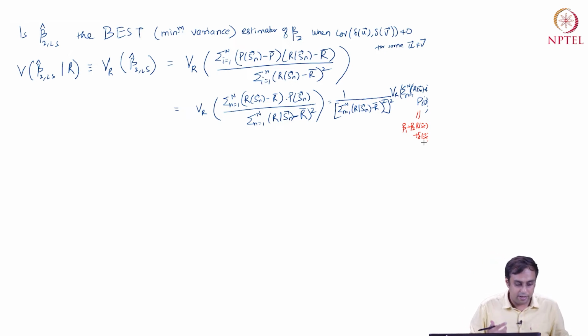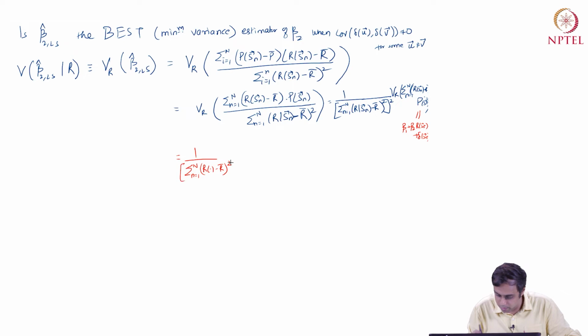Okay, and then you will be able to show that VR is equal to 1 over summation n equals 1 to n R minus R bar the squared whole squared, times the variance of, now R is a constant, so as we multiply R minus R bar with beta 1, beta 2 R, we are basically working with constants, and the variance of constants is 0.